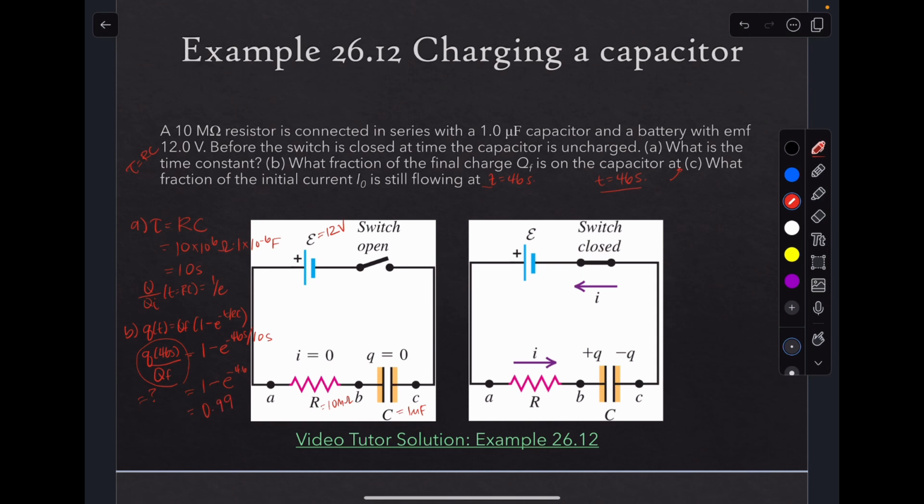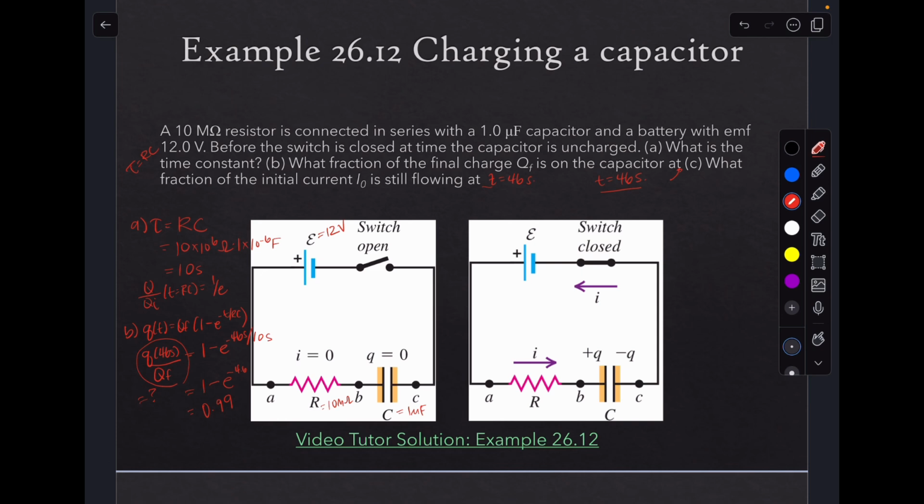So about 99% of the total amount is on the capacitor. It's almost charged, basically, that's what it's saying. We're almost 100% charged at 46 seconds. So part C is, what fraction of the initial current is still flowing?